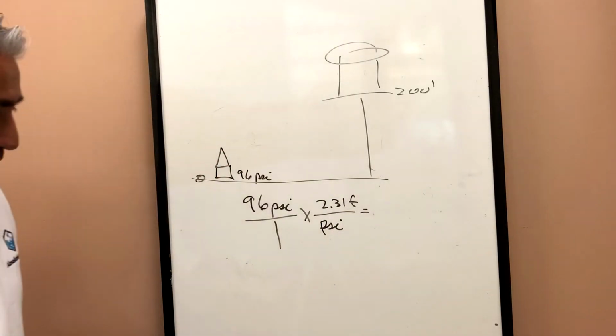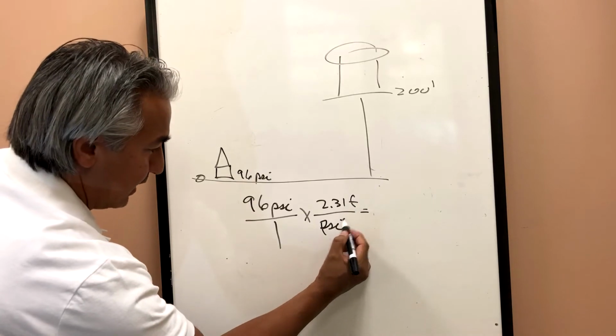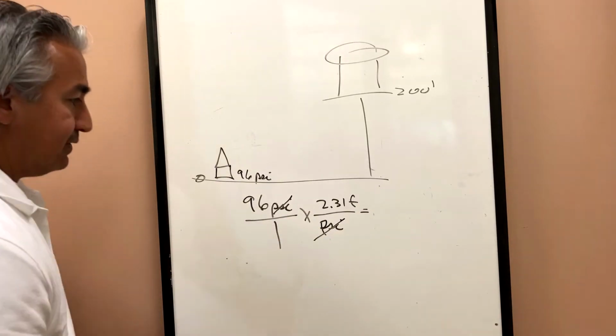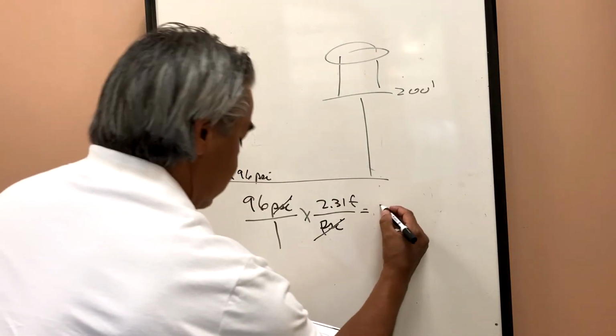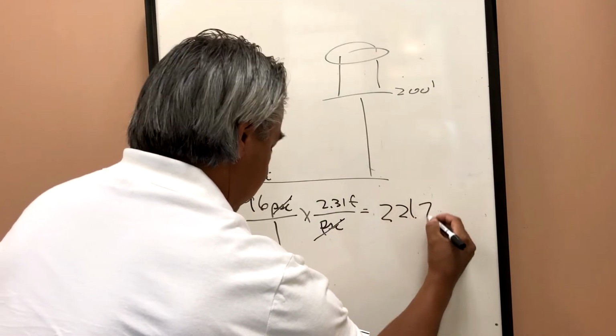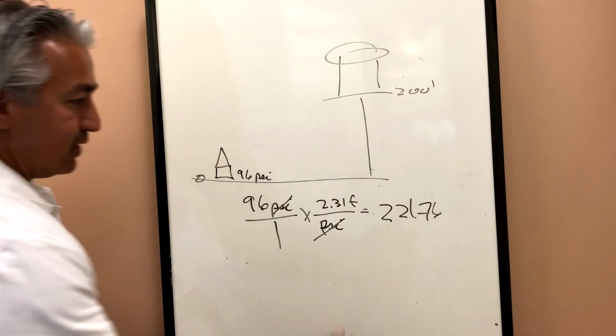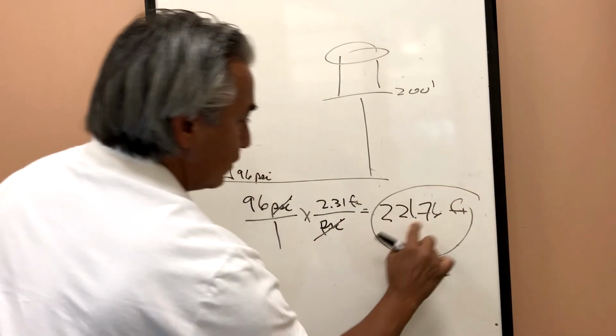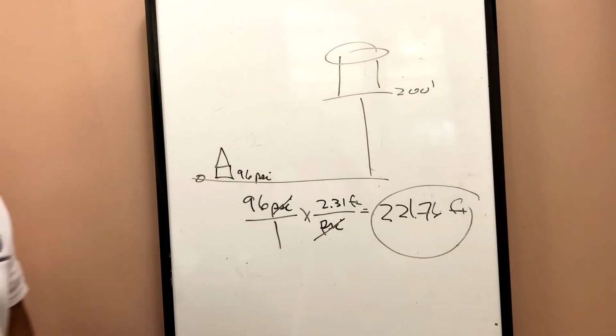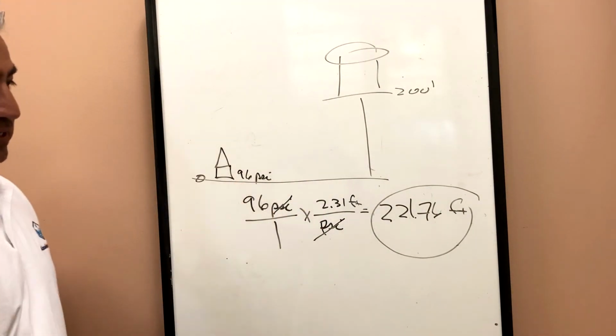This works out very nicely because you'll notice that the psi's cancel, and that leaves us with 96 times 2.31, which is 221.76. The units of measure are feet. So we have 221.76 feet is what this 96 psi is equivalent to.